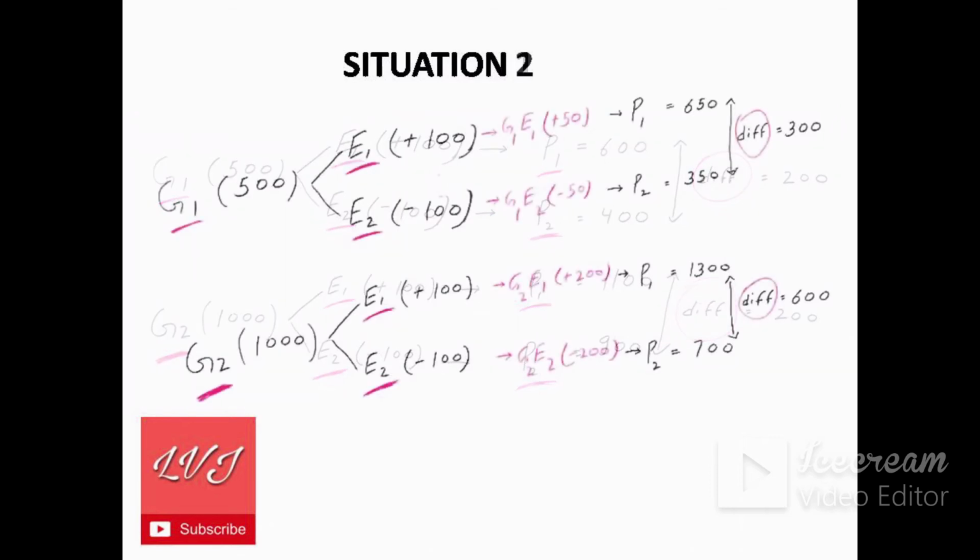Now, come to the second situation. Here we have the same genotypes, genotype 1 and genotype 2. They are reared in the two environments, environment 1 and environment 2. The genetic capability of genotype 1 is 500 kg as earlier.